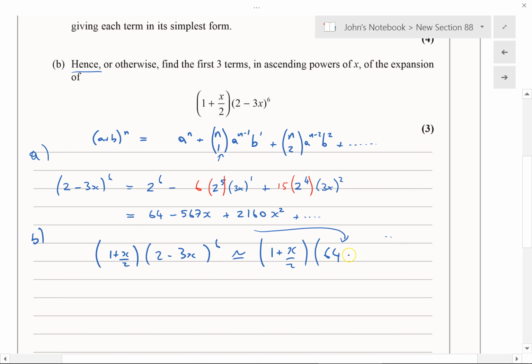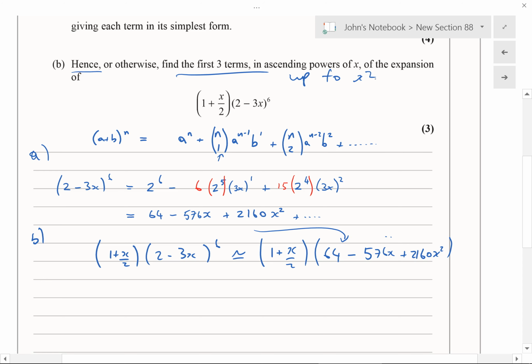So 64 minus, I've written that wrong, that should be 576x plus 2160x squared. Now it says first three terms, so that basically means up to x squared.